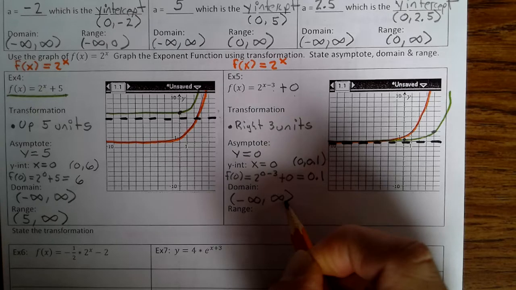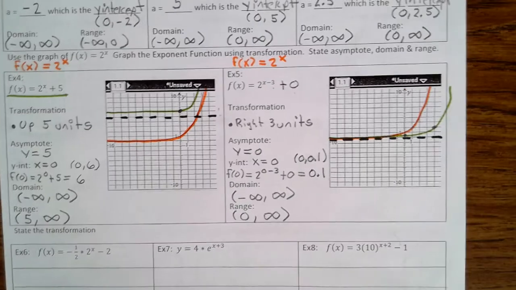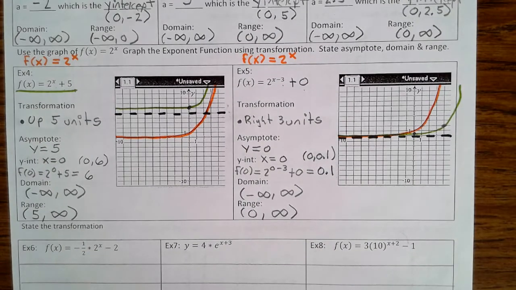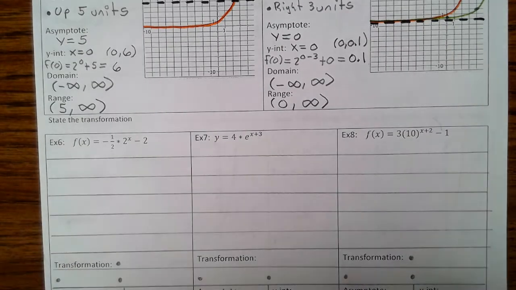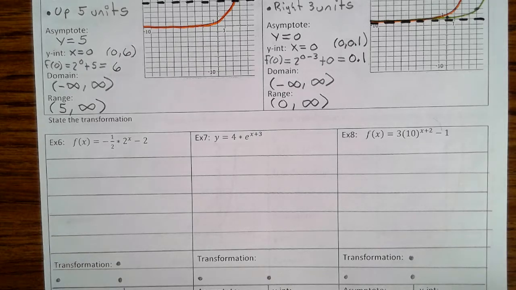All right, let's take a look at example 6. All right, so example 6 says, state the transformation. Okay, so it looks like we have 1, 2, 3 transformations, okay?